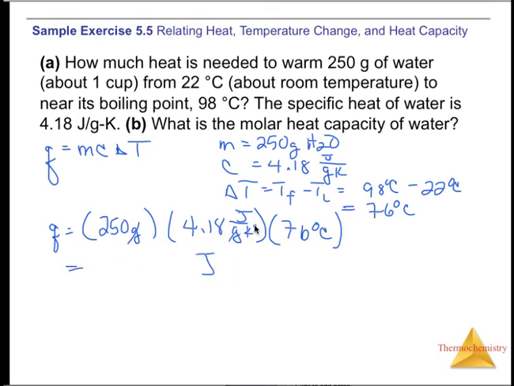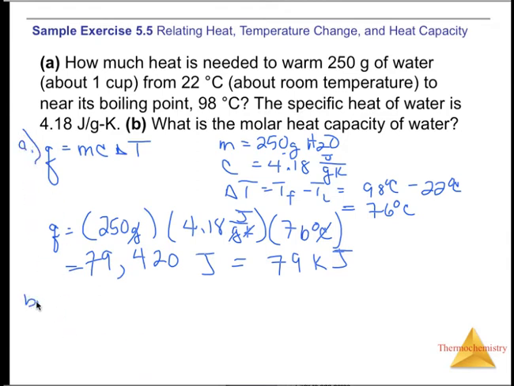Grams cancel, Kelvin and Celsius cancel because I'm talking about a delta T. 250 times 4.18 times 76, I get 79,420. Sig figs, I should have 2, so I will report that as 79 kilojoules. So that's my answer for A.